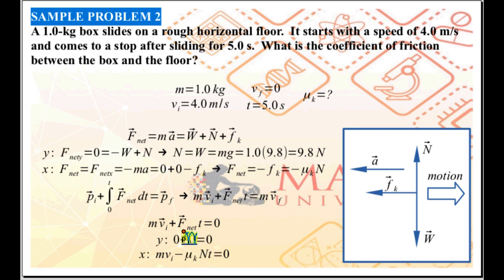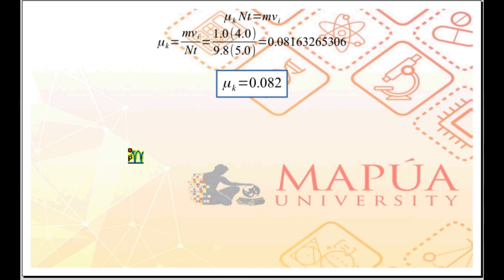So F net is heading in the negative direction, and F net is equal to negative mu k N. So minus mu k N times t equal to 0. Which means mu k N t is just equal to m v initial. Isolating, mu k is equal to m v initial divided by N t.